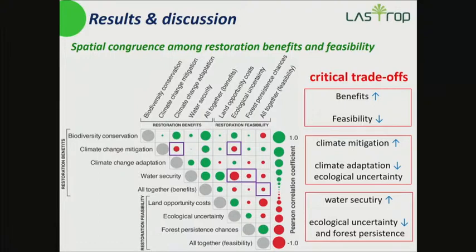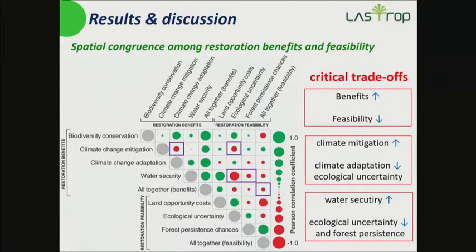The areas maximizing climate mitigation are different than those maximizing climate adaptation and with lower ecological uncertainty. The areas with higher potential benefits to water security are not so feasible for implementing restoration.